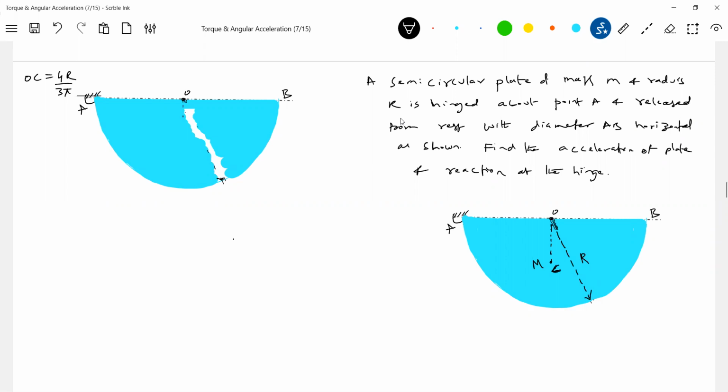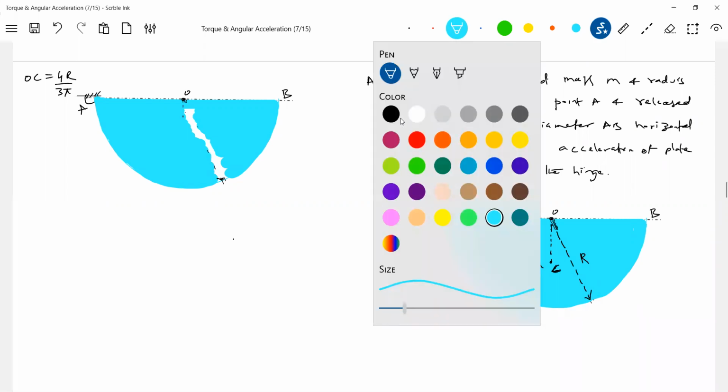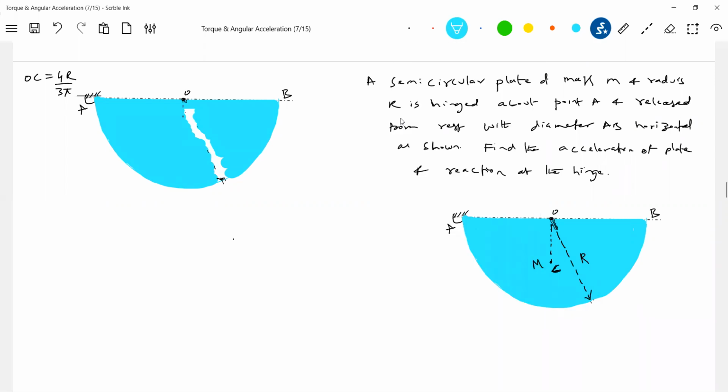You draw the diagram. Okay, work it out. I'll give time so that you can think on this. This distance we know it is r.